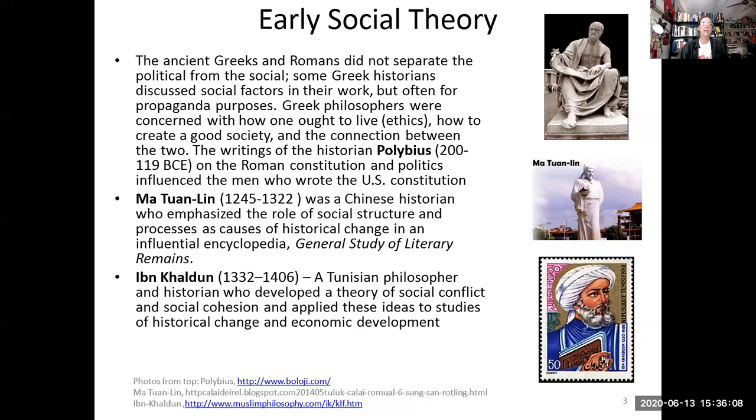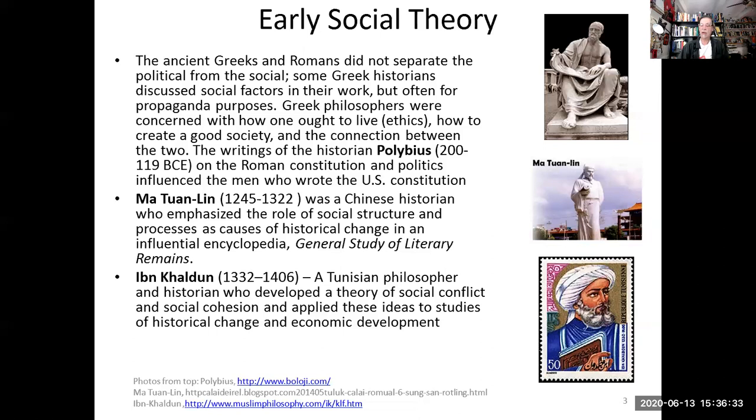who wrote The General Study of Literary Remains, where he discussed the social causes of historical change. Also, a Tunisian philosopher, Ibn Khaldun, who wasn't a philosopher per se, he was more of a theologian. And he wrote social theory in a theological context.